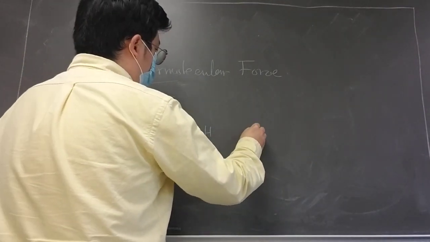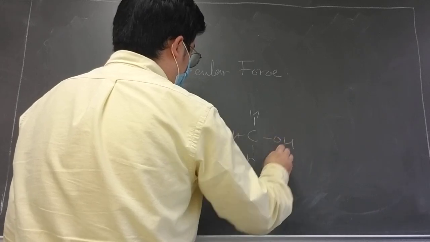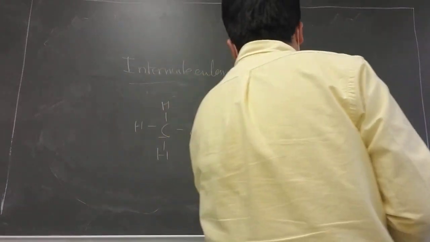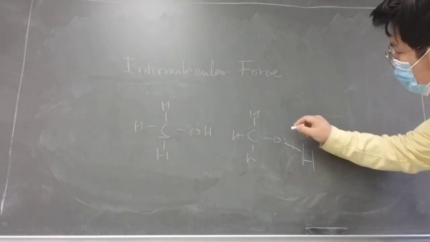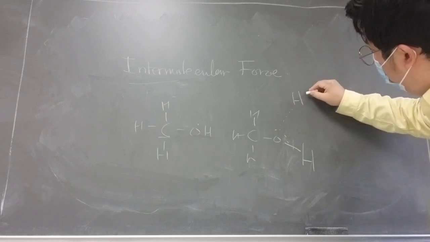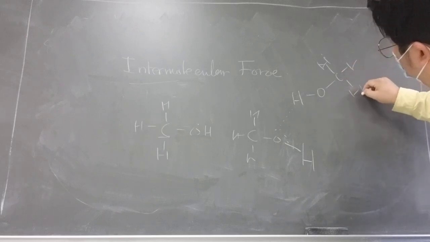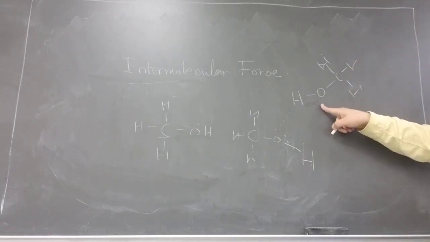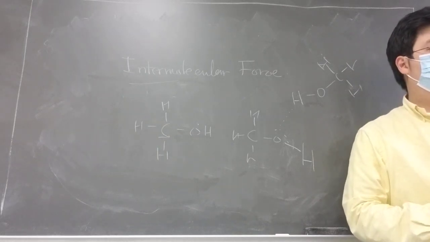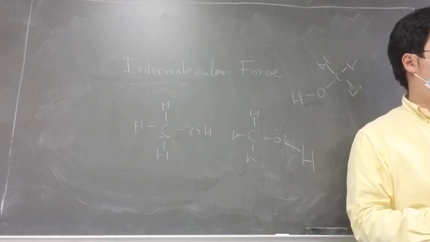So if you look at this methanol here, I'll draw it more specifically. This hydrogen can interact with the other hydrogen. They are also covalently bonded to oxygen as well here. So the hydrogen bond is the strongest intermolecular force that methanol can experience.